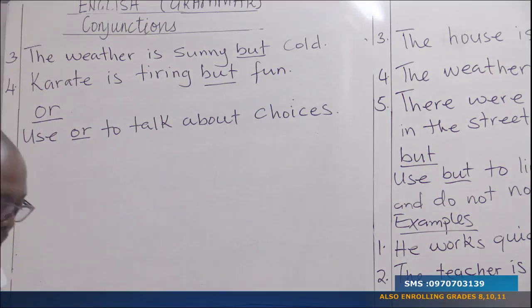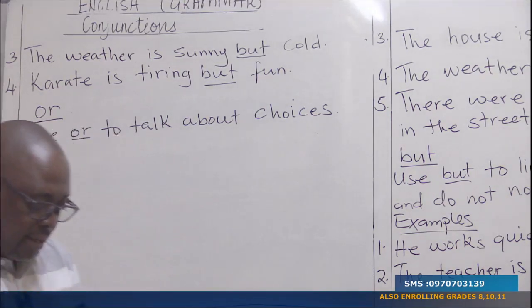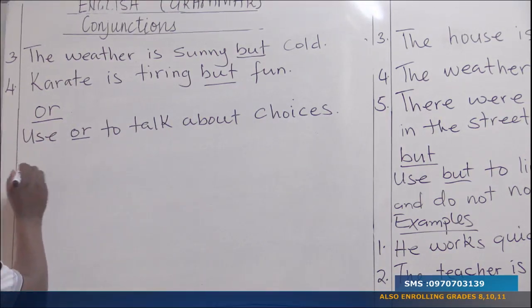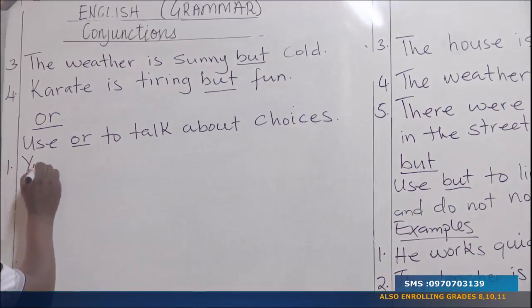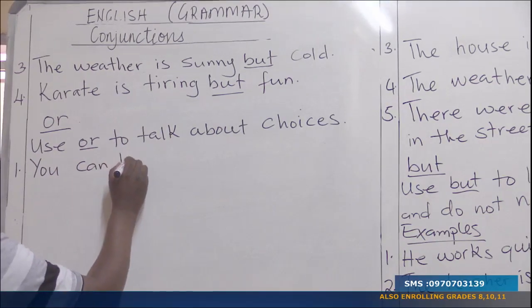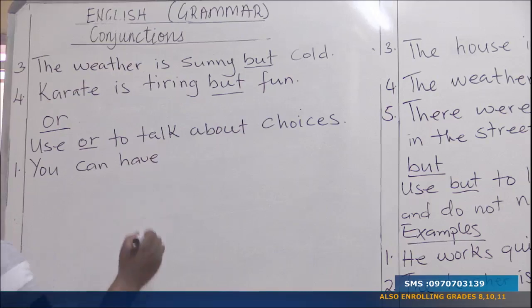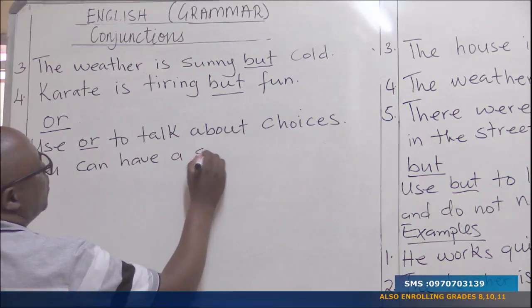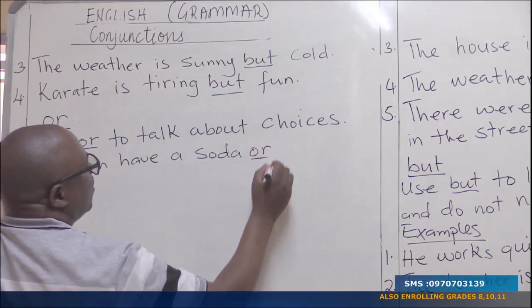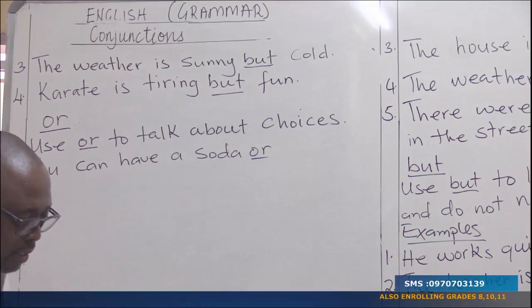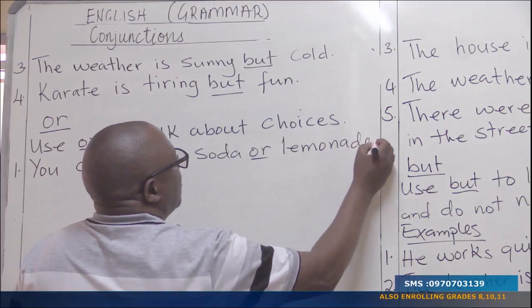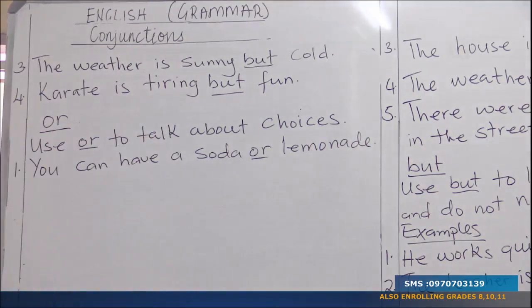So I'll give you a few examples of sentences that talk about choices using the word or. Well, the first one will be: you can have a soda or lemonade. Okay? You can have a soda or lemonade.